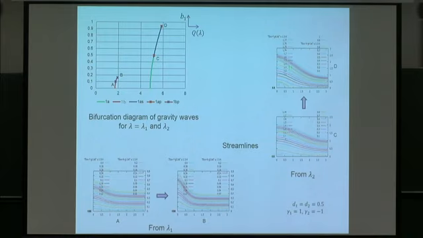But on the branch from lambda 1, we cannot find a stagnation point. But here, figure B seems to imply the appearance of a stagnation point, but we couldn't compute anymore because we need large-scale computation.